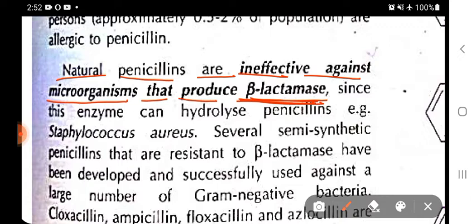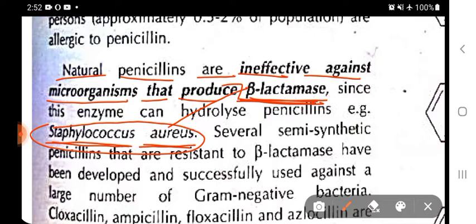For example, Staphylococcus aureus can produce this beta lactamase enzyme, and that's why natural penicillins are ineffective against this microorganism. So what to do?